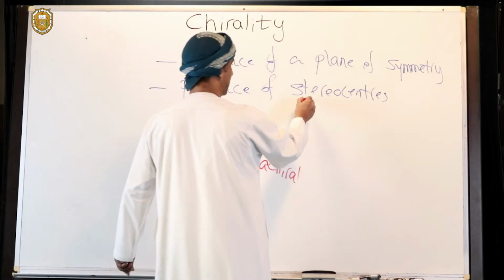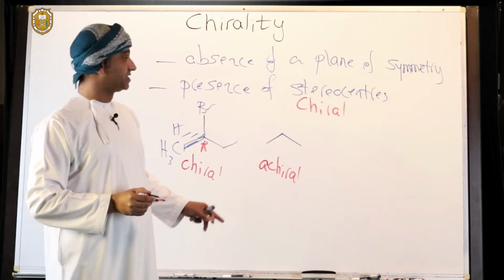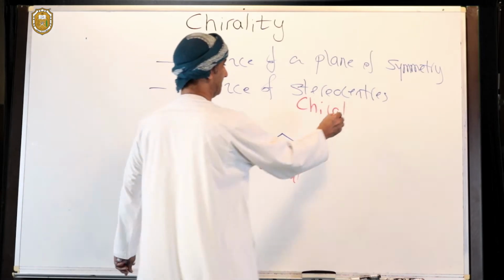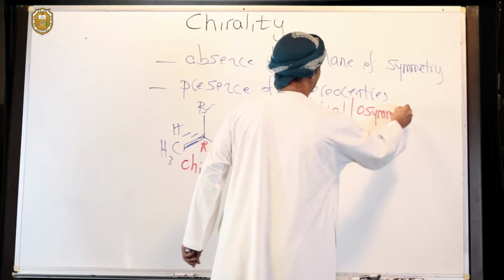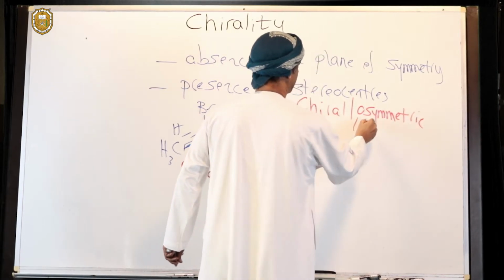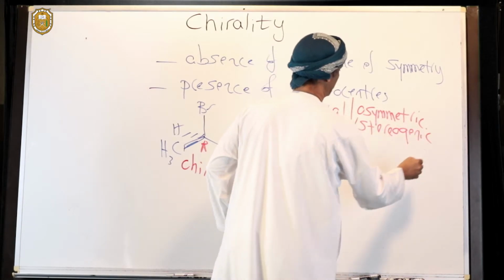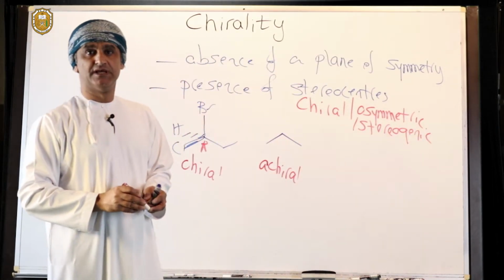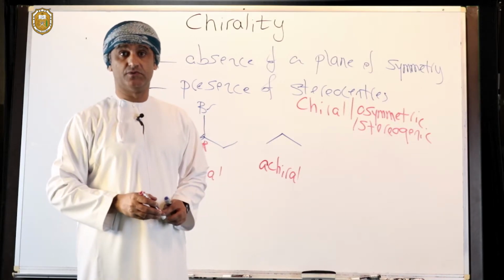So stereocenters, again, if we can write them down, these other descriptions: chiral, asymmetric, stereogenic. All of them mean exactly the same, and that is, of course, a center or a carbon that is surrounded by four different groups.